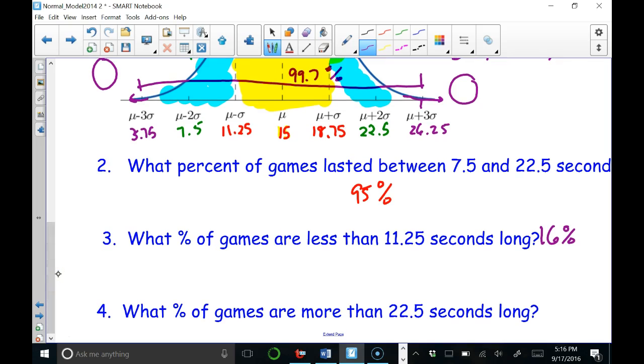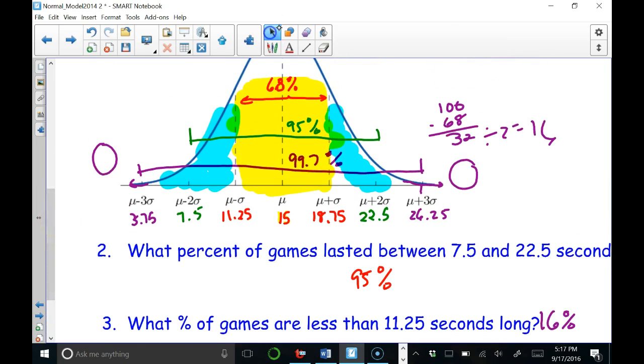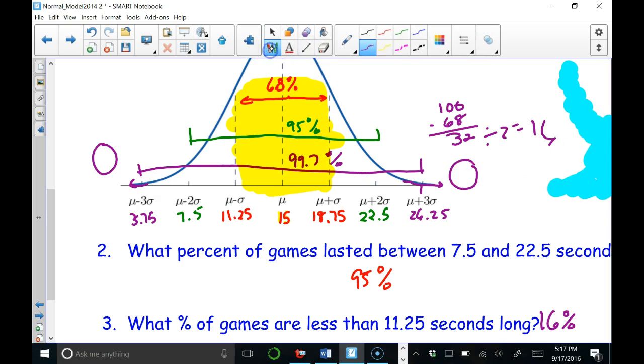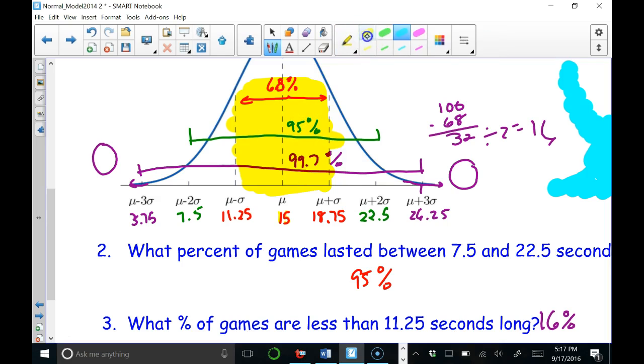And then the last one says, what % of games are more than 22.5 seconds? Now I can follow a similar idea here. I'm going to move this out. Oh, it doesn't want to move. Okay, let's move it there. And let's bring this area out here to 22.5.